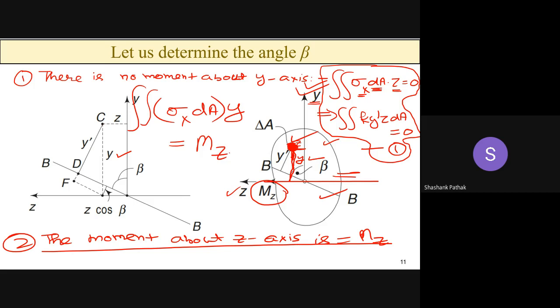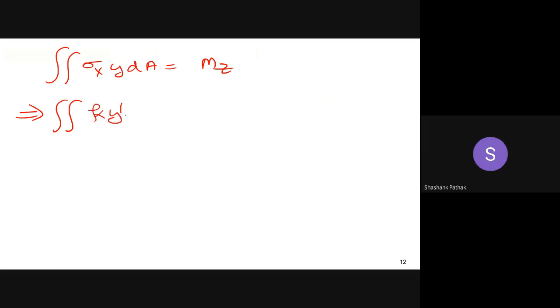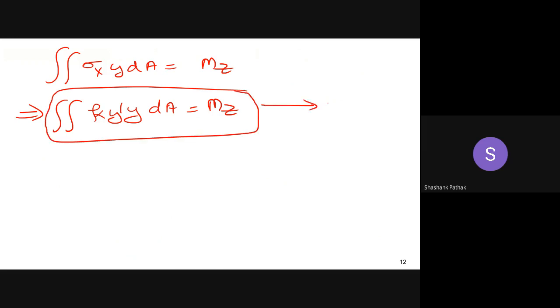So this was the simple moment equation, not something difficult: integral of sigma x y dA equal to Mz. Now if you put sigma x as, what do you want to put? K y prime into y into dA equal to Mz. So this is your second equation.